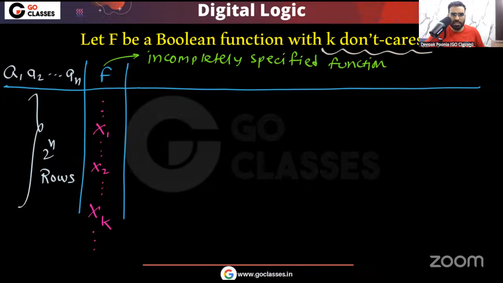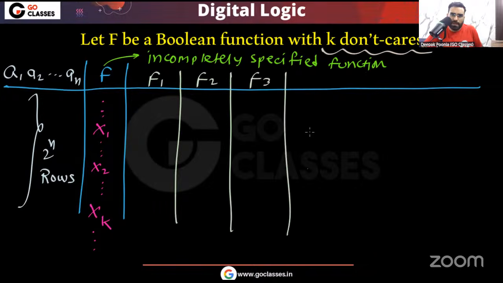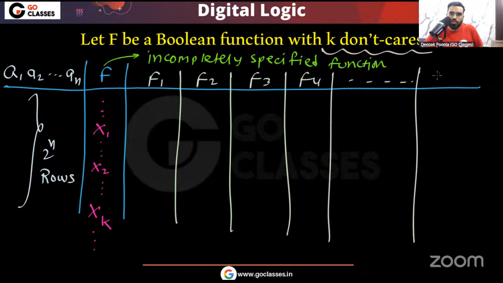Now this type of function which has k don't cares corresponds to 2 power k distinct functions. So here you can see that this function f actually corresponds to 2 power k distinct functions, meaning f1, f2, f3, f4, and so on, up to f 2 power k. Now remember how we are getting these f1, f2, f3, and so on.